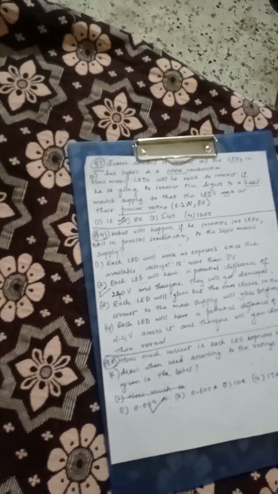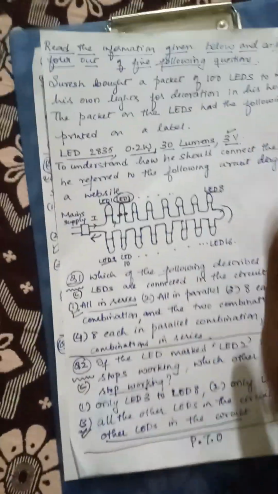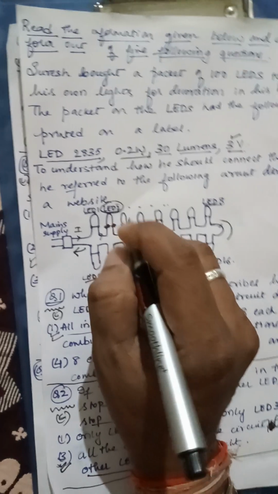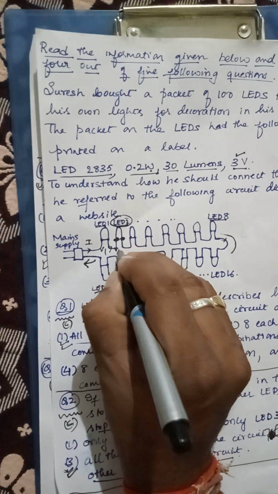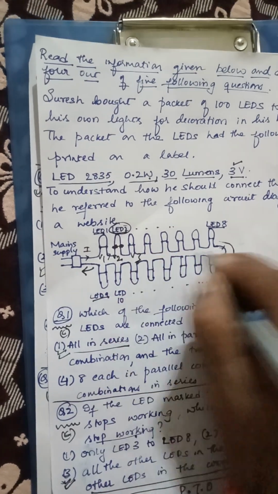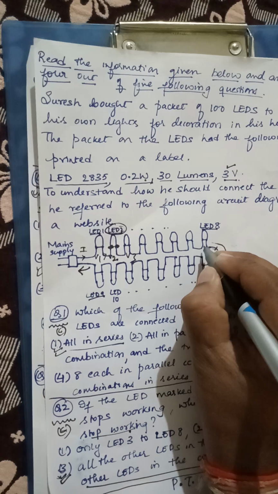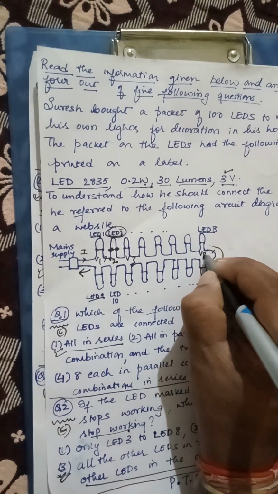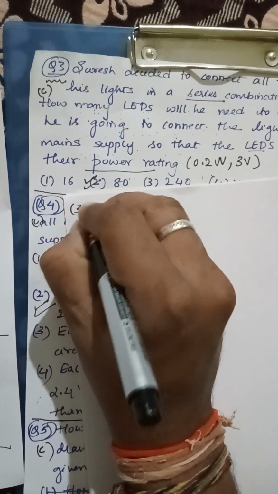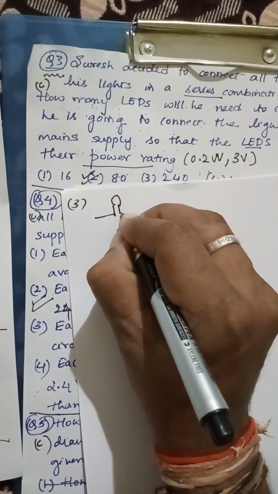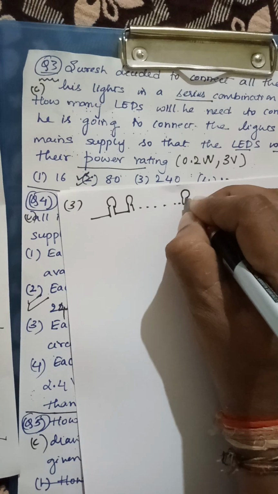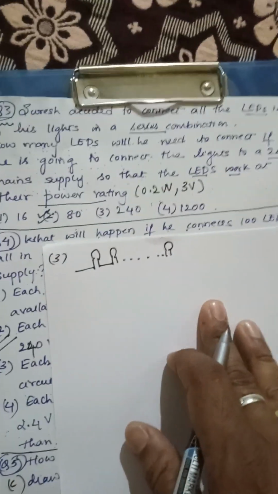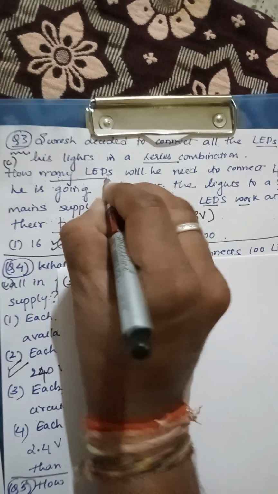Now let's go back to the figure given in the question. Let's assume the potential difference across LED1 is V1, LED2 is V2, LED3 is V3, and so on. The potential difference across LED8 is V8. In general, if you connect the LEDs in series, as per the question, we don't know how many LEDs he is supposed to connect. In fact, we are supposed to find the number of LEDs.